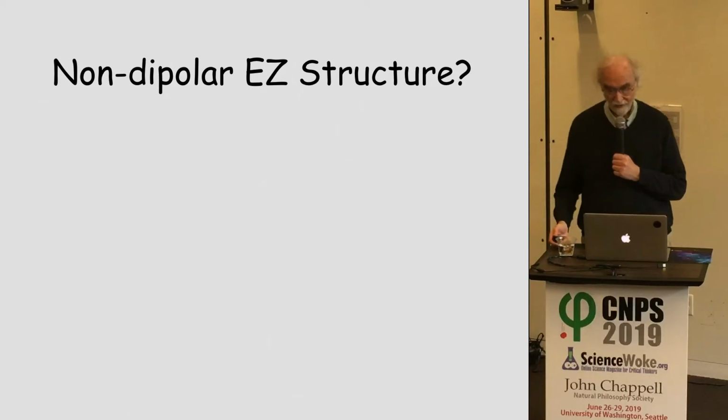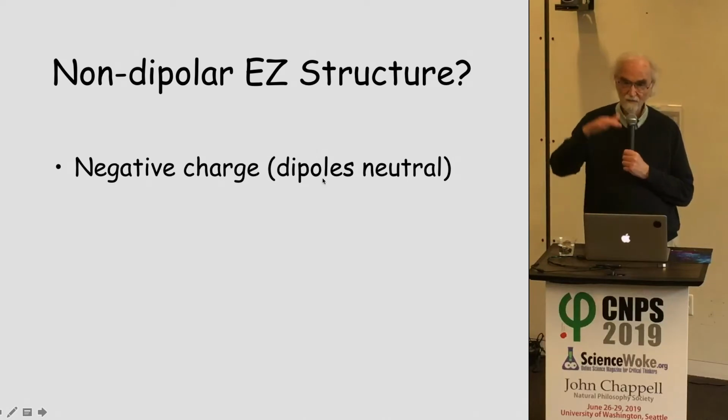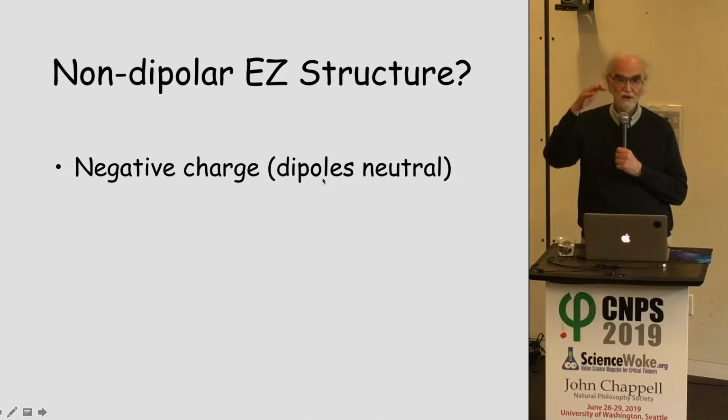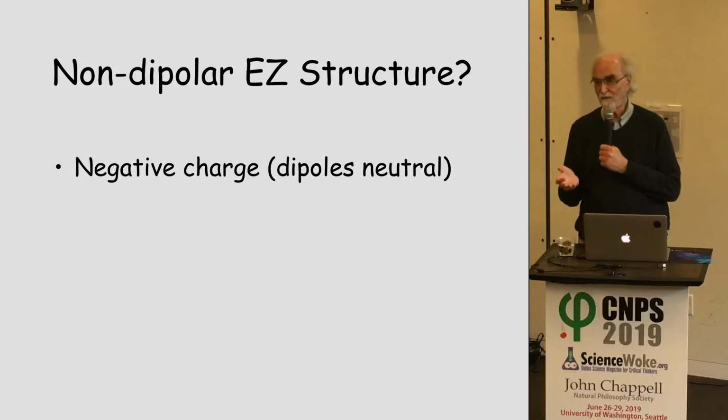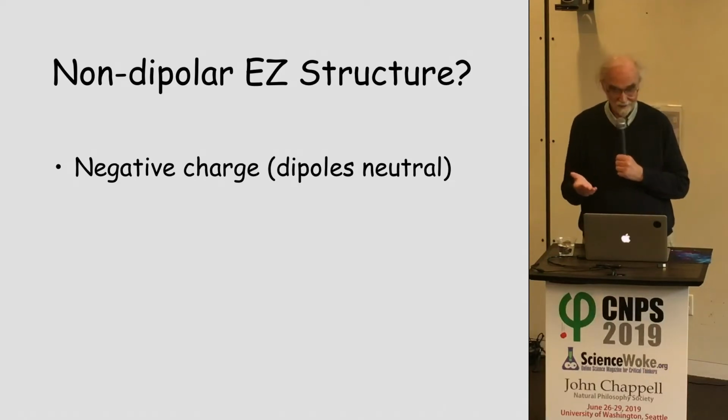And the problem is that we found negative charge, but dipoles are neutral. So you can line up dipoles from here to the moon, and you'll never get negative charge. You get neutrality. But the experimental results showed negative charge, so it can't be right. Sorry, nice picture.